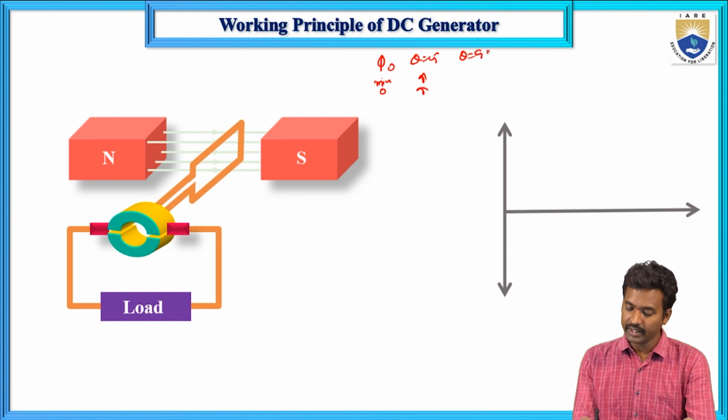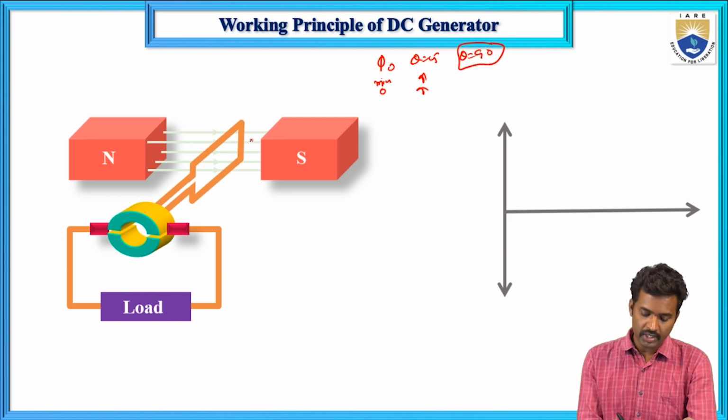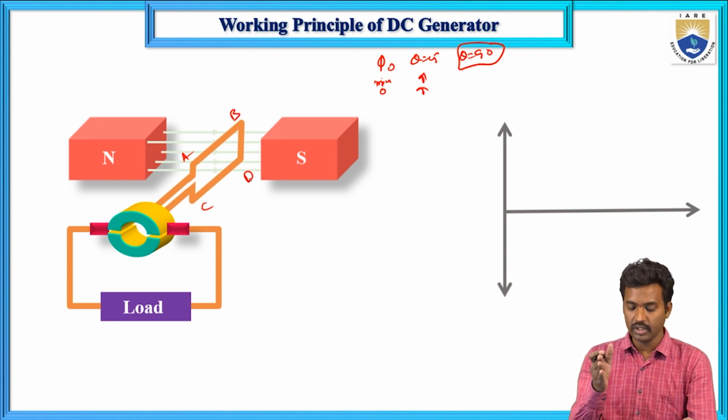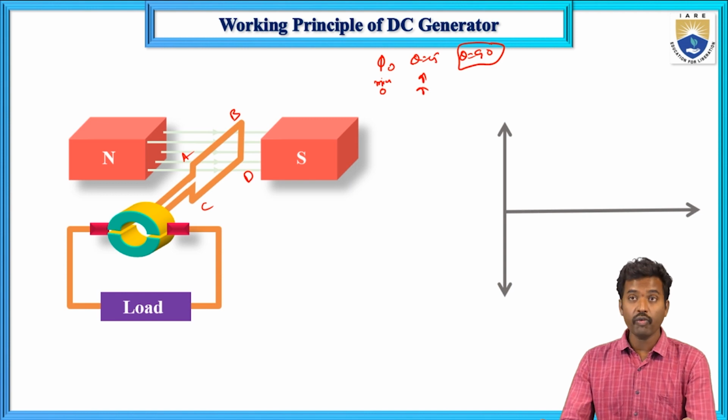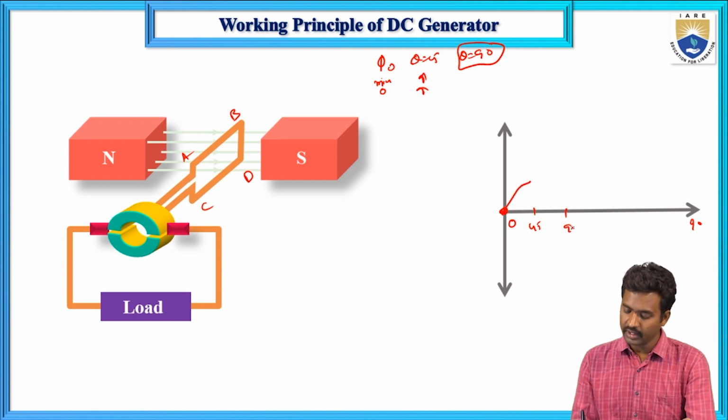At theta equals 90 degrees, this is A and B, and this is C and D. Here it is in the vertical position, so flux cutting is maximum at theta equals 90 degrees, and induced EMF is maximum.